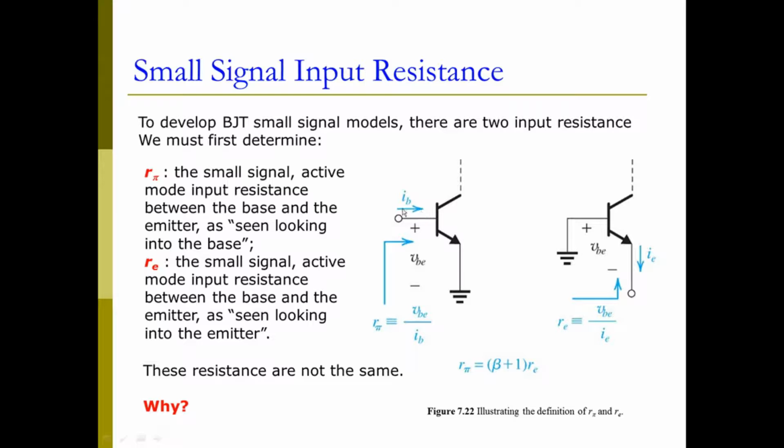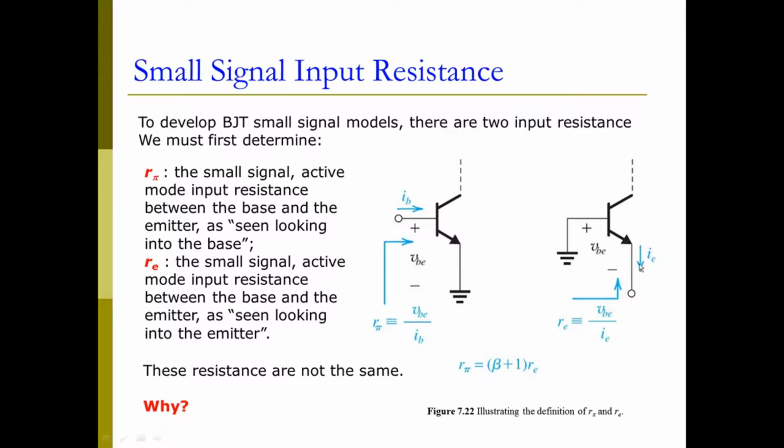If we define a current iB into the base, and we have voltage vBE, then rπ is defined as vBE divided by iB. Now re is the active mode input impedance between the base and the emitter, looking into the emitter side, for example on the right-hand side figure.